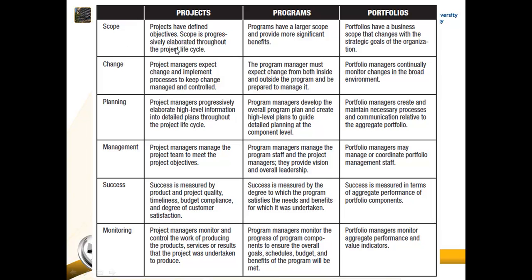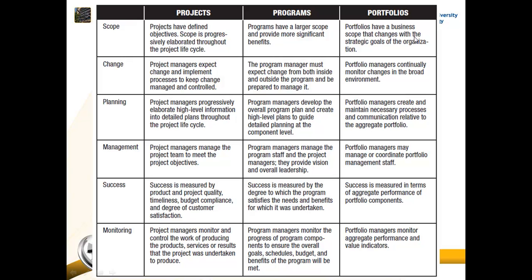Scope is progressively elaborated throughout the project life cycle, whereas programs have larger scope and provide more significant benefits, because programs is where we put several projects together that have the same benefits. We put them together so that we can get larger benefits because they deal with the same items.